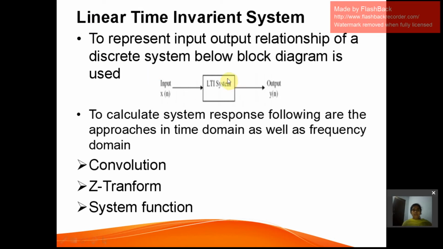This is a simple block diagram where you can see that initially an input sequence x of n is given to an LTI system, and we get an output sequence y of n. The linear time invariant system consists of an impulse response which operates on the input sequence x of n, and we get the output y of n.